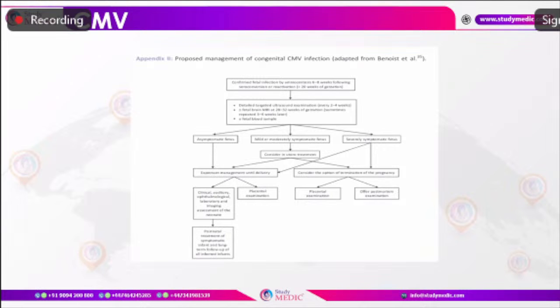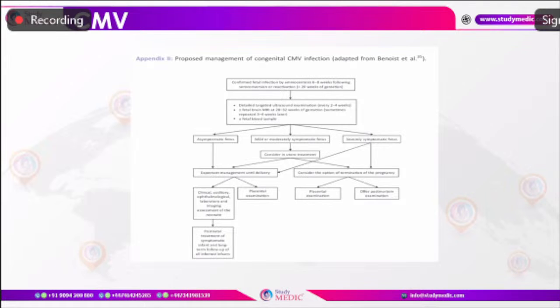If this fetus is asymptomatic, then we can offer expectant management until delivery. After delivery, we have to subject the baby to a clinical, audiological, ophthalmological, and a lab and imaging assessment. And a placental examination is also required. However, if the fetus is mildly or moderately symptomatic, then we need to consider in utero treatment.